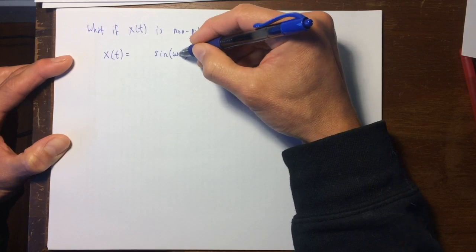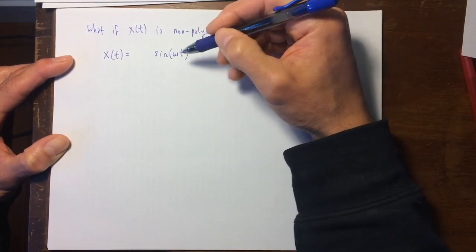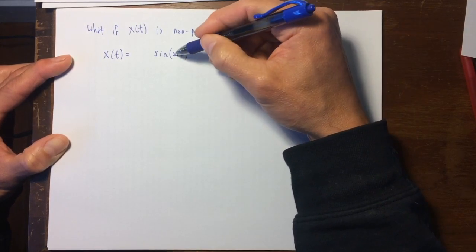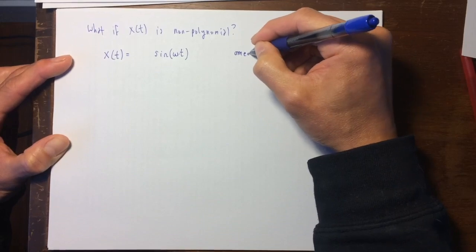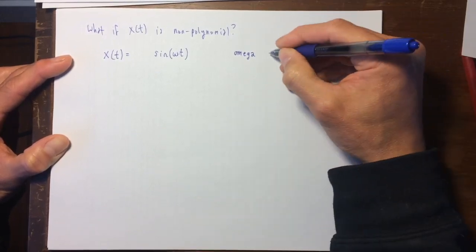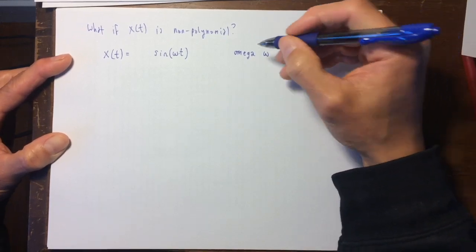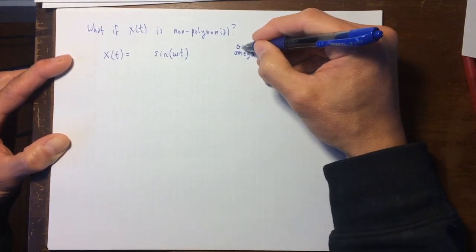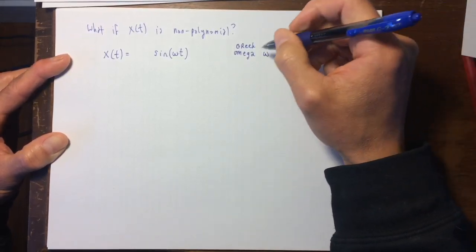So this thing looks like a W, and then here's the time-dependent part. It's just W times t, except this thing that looks like a W actually has a special name. It's omega. And omega is like a stylized W. It's a Greek letter, lowercase omega.